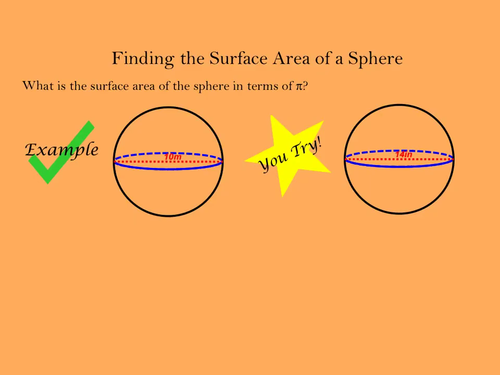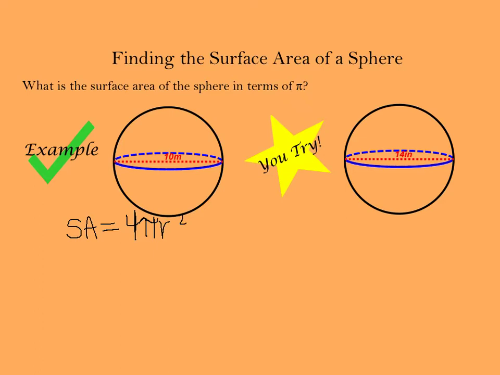Alright, so now let's find the surface area of a sphere. Our directions say, what is the surface area of the sphere in terms of pi. So we want to make sure we leave pi as part of our answer. First thing we should do is write the formula for surface area. Surface area is equal to 4 pi r squared. All we have to do here is plug in our radius.